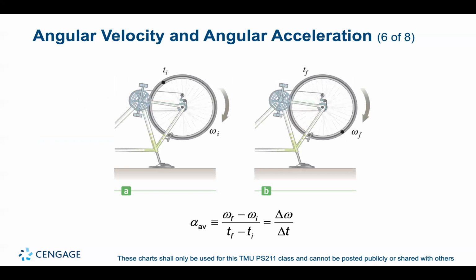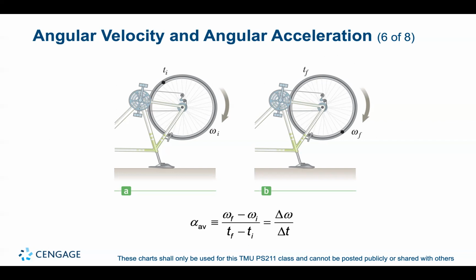Okay, now let's look at a bicycle example, and perhaps you've been in this situation trying to adjust your bike. Here we have an accelerating bicycle wheel rotating with an angular velocity of omega I at time t I, and an angular velocity of omega f at time t f.